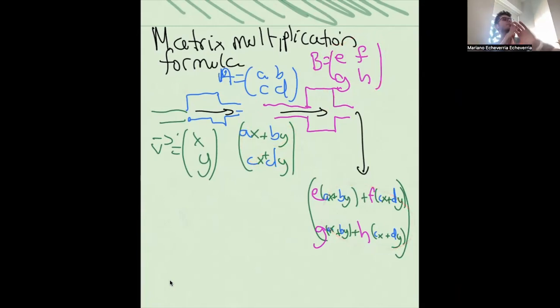Again, I'll give you better ways to memorize the formula tomorrow, so you don't have to worry too much about all of these details. It's just telling you that if you don't give specific numbers to the entries of the matrix, and you just call them A, B, C, D, and E, F, G, H, that's what you would end up with, okay?